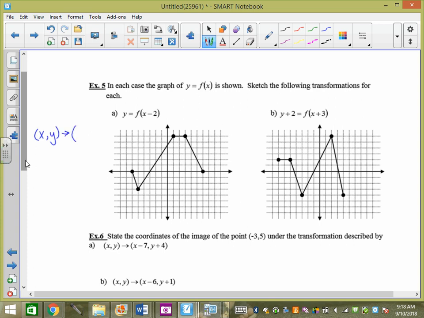The very first thing I need to do is always look, my original, did it have any transformations on it? No. Because what if my original was y equals f of x minus 2? This would be a trick question. If my original was that and it transformed to this, I'd be done. Right? Nothing's changed. We agree? If my original was this and my transformed was this, would I move anywhere right or left?